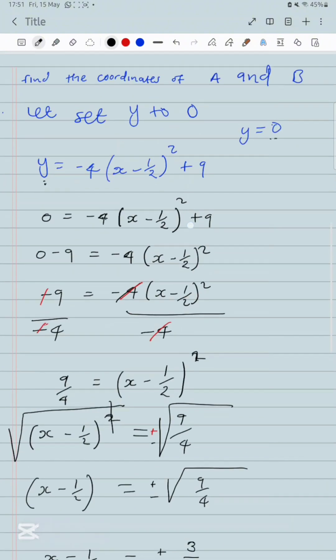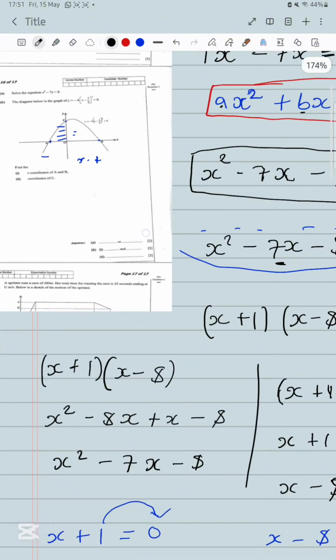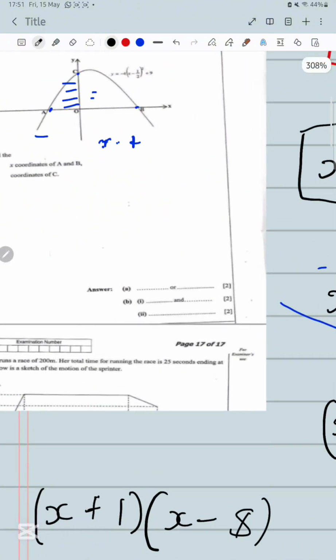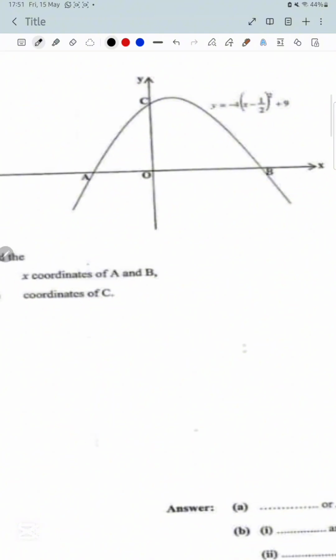So the last part of the question is finding the coordinate C. That C coordinate here, this one, to increase a little bit. So it is coordinate C. But if you check this coordinate C, we have x, which is 0.